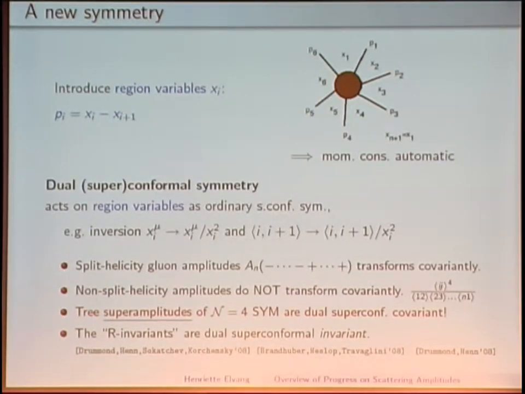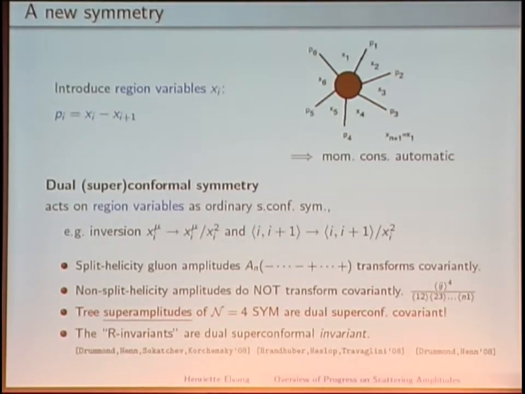But the non-split helicity amplitudes, the ones where the minuses and pluses are mixed, they don't transform nicely, as you can see from this simple Parke-Taylor formula, where if there are, for example, negative helicity gluons on lines 1 and 3, you would have a ⟨1 3⟩ angle bracket to the 4th here in the numerator, and that doesn't transform covariantly.